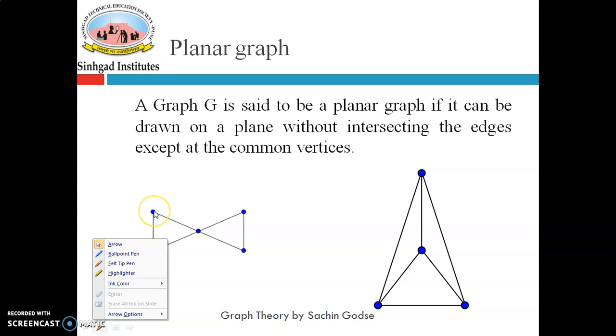this is the edge and suppose there is one more vertex here, and if I draw like this, the edges are not crossing each other, in that case it is a planar graph. If edges are crossing each other, then it is called intersecting, and it will not be a planar graph in that case.